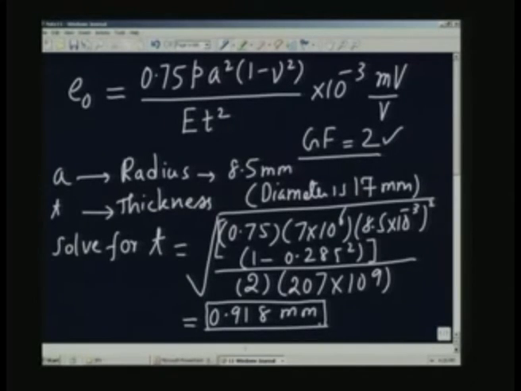So, we have a 17 millimeter diameter gauge, almost like 1 millimeter thickness. It is a fairly thick diaphragm, because the pressure level we are measuring is also quite large. And let us find out what will be the central deflection.